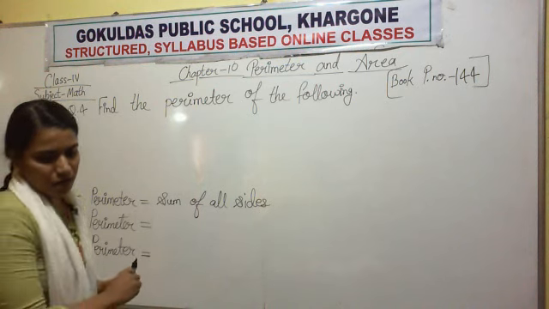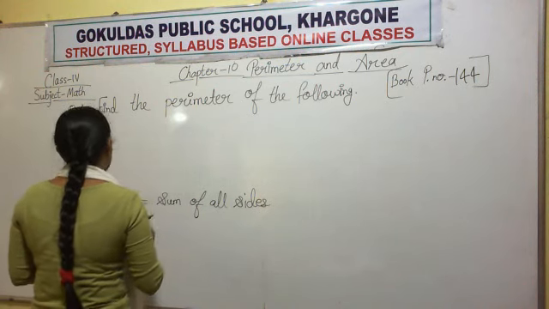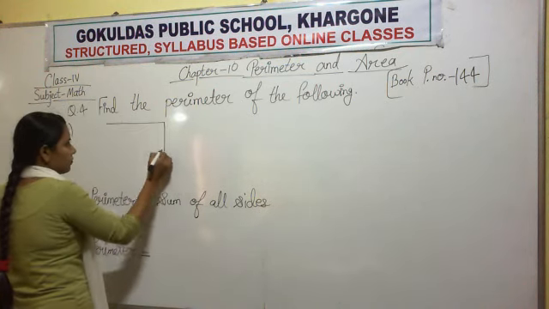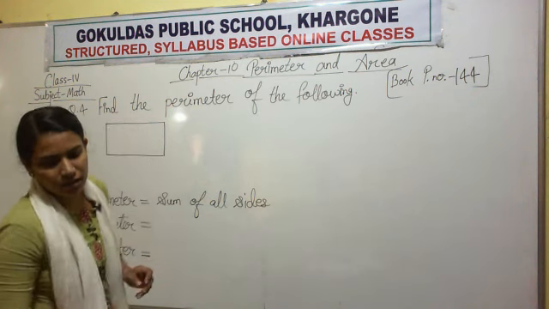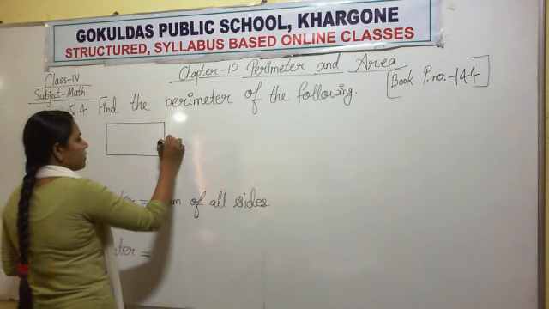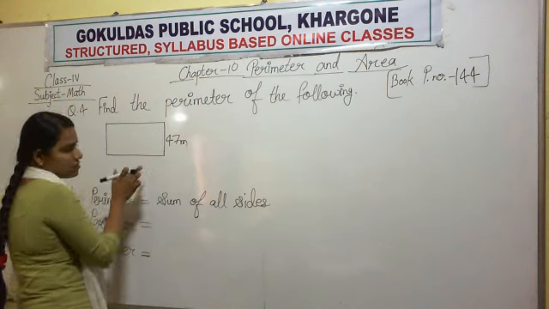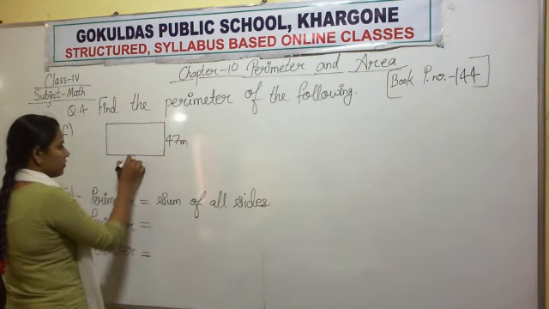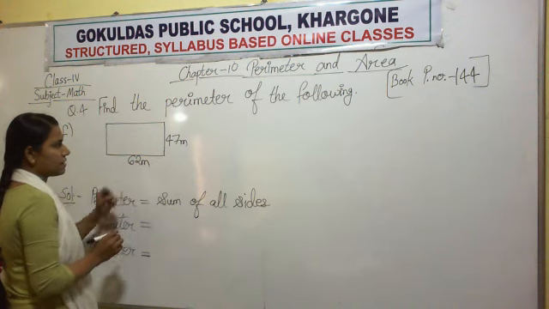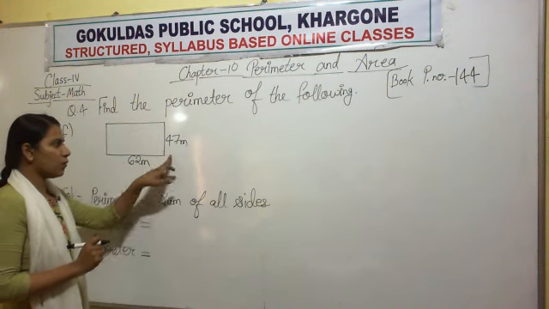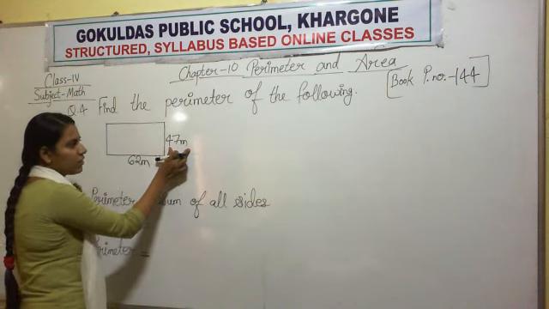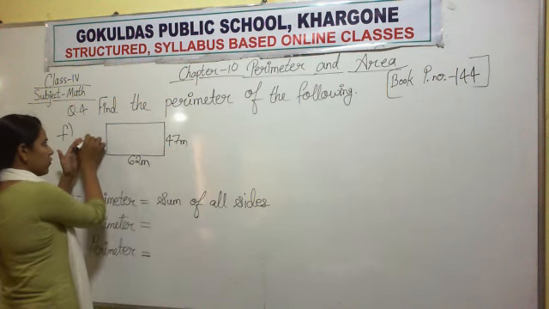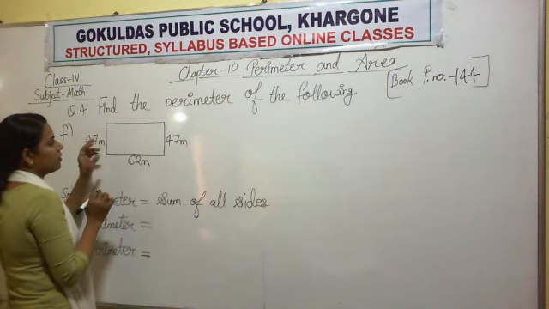Part F, again a rectangle shape is given. This side is 47 meter and this side length is 62 meter. As it is a rectangle and we know that the opposite sides of a rectangle are equal, if this side is 47 meter, the opposite will also be 47 meter.